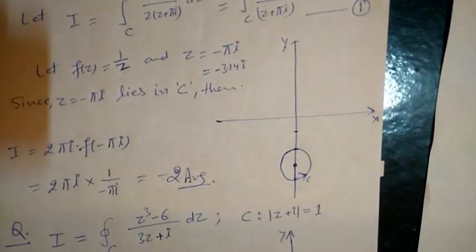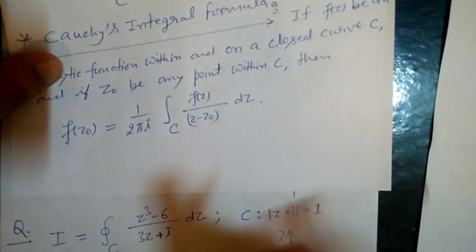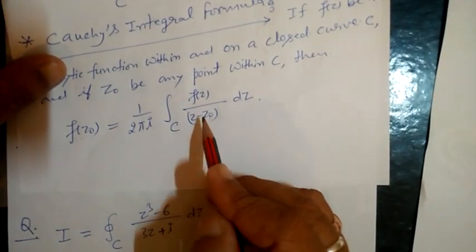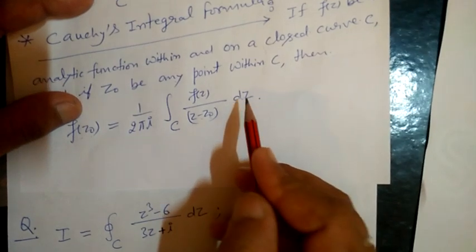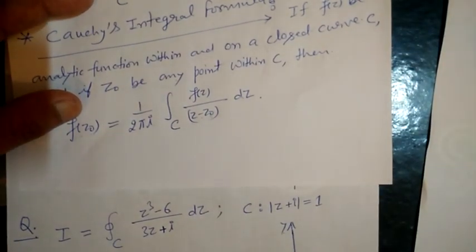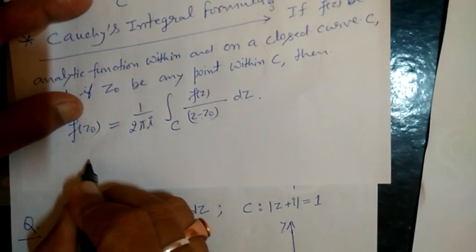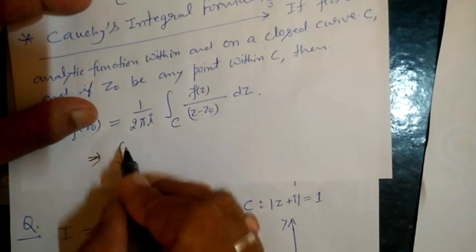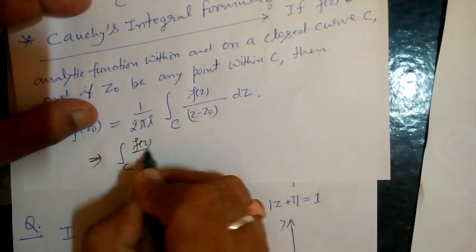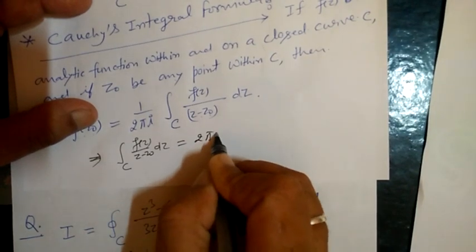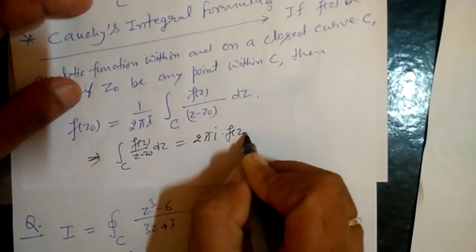because according to the Cauchy integral formula, f z naught is equal to 1 upon 2 pi iota times the integral of f z upon z minus z naught dz. This expression can be rewritten as the integral along curve C of f z upon z minus z naught dz equal to 2 pi iota times f of z naught.